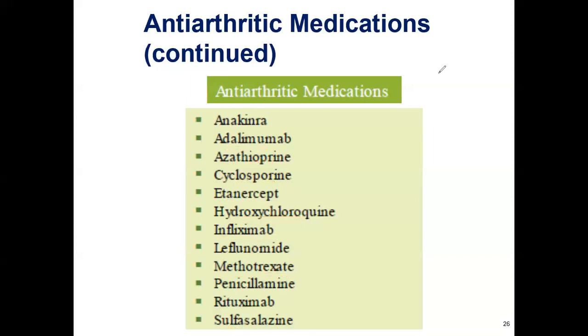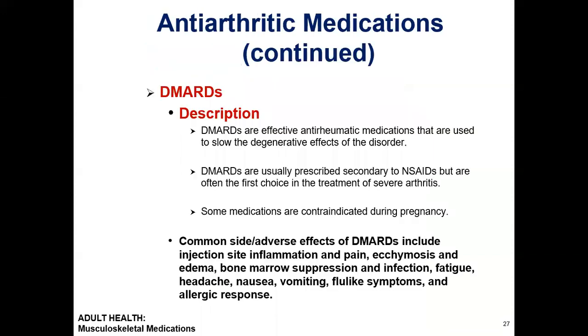What next? So now we are going to focus on the disease modifying agents. They are effective anti-rheumatoid medications that are used to slow the degenerative effect of the disorder. They are usually prescribed secondary to NSAIDs, but are often the first choice in the treatment of severe arthritis.